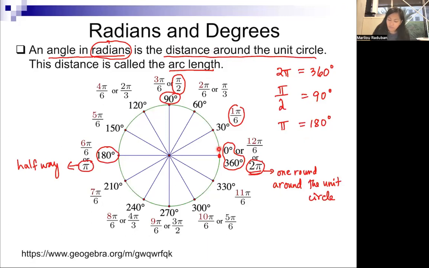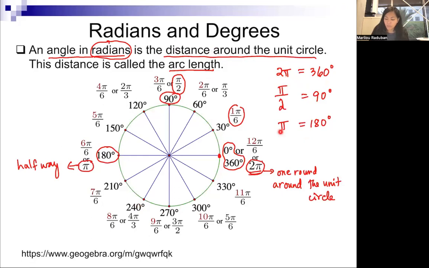If the object went around the unit circle completing one full cycle, then the distance traveled will be 2 pi radians. And 2 pi radians is equal to 360 degrees.